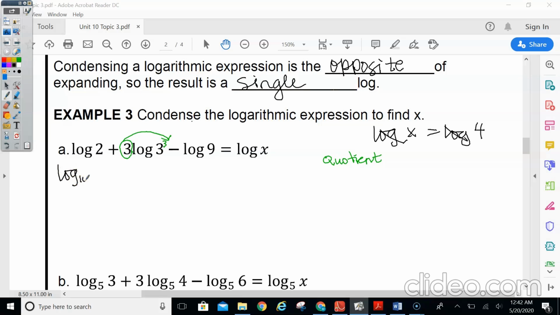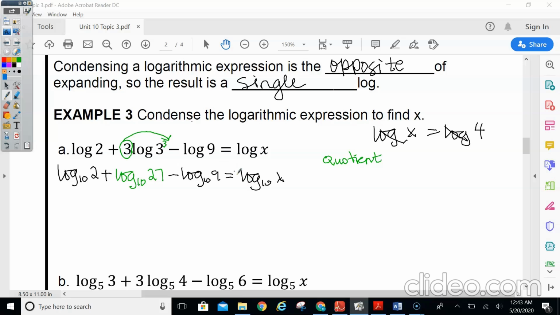Log base 10 of 2 plus, when I move it, I get log base 10 of 3 cubed. 3 times 3 times 3 is 27. And then we do minus log base 10 of 9 equals log base 10 of x.